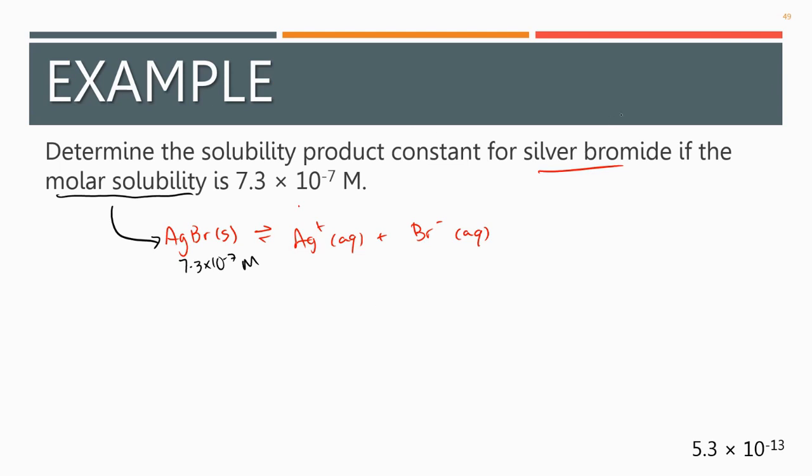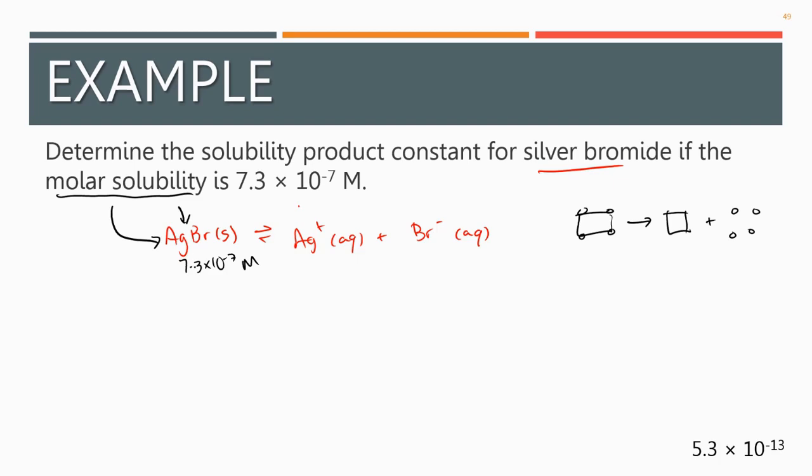So I like to think of it this way. If I've got one car and it's got 4 wheels, if I was to take apart that car, I'd have one body and I'd have 4 wheels, right? And I could get those parts. So if I'm thinking about this one, when I take apart this car, how many silver ions do I get? Well, I get the same number.